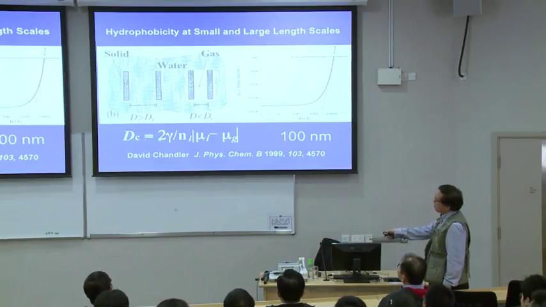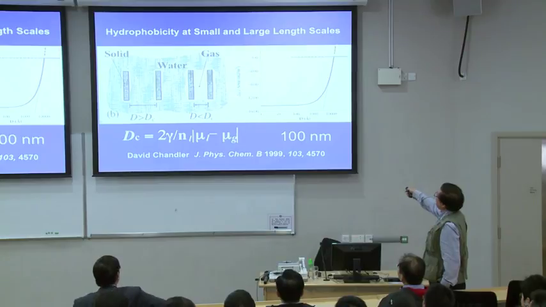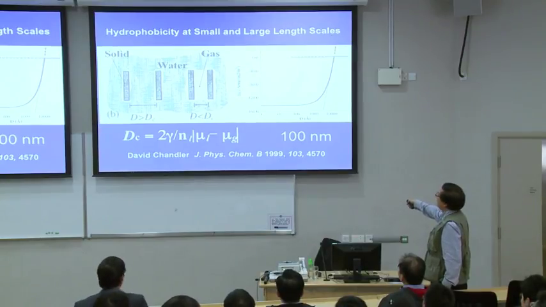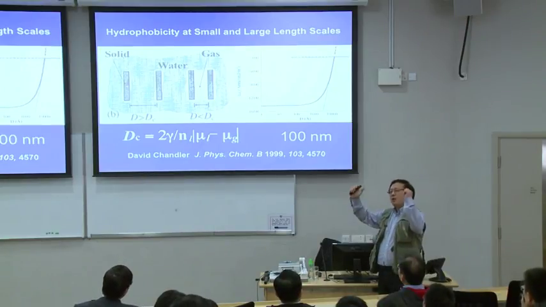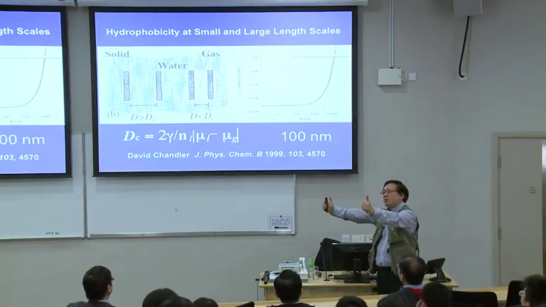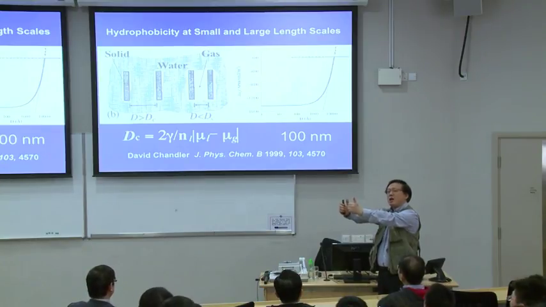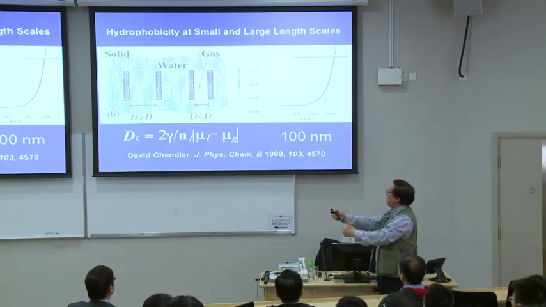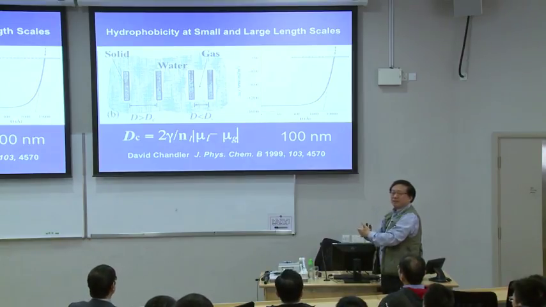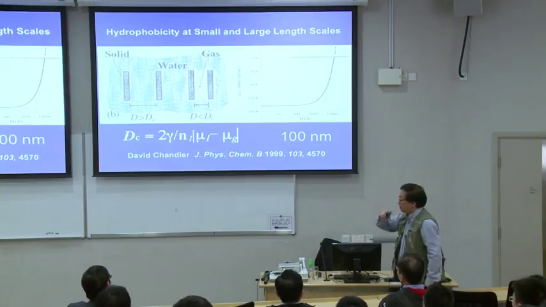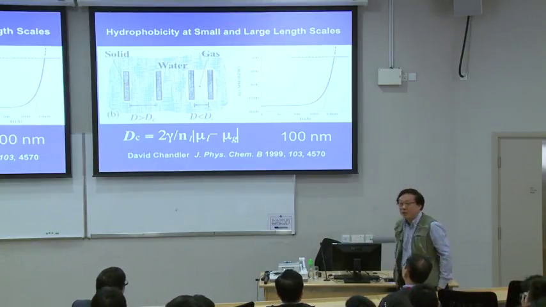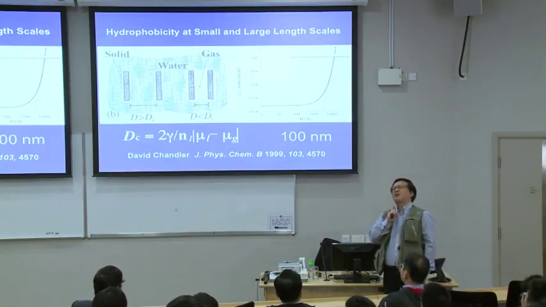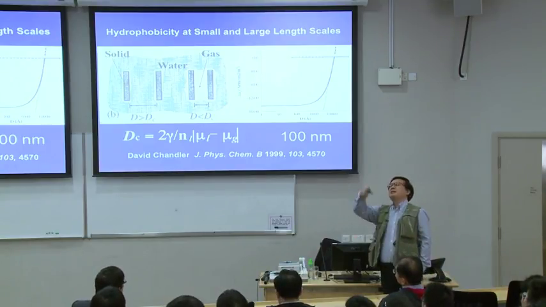He used this equation, and the simulation at room temperature and normal atmosphere gave 1,100 angstrom. It means that when two hydrophobic solids are close to 110 nanometers, the surrounding water cannot enter the space between. So this is the secret of the lotus effect. Human beings only understood this by the end of last century, and nature already knew it millions of years ago.